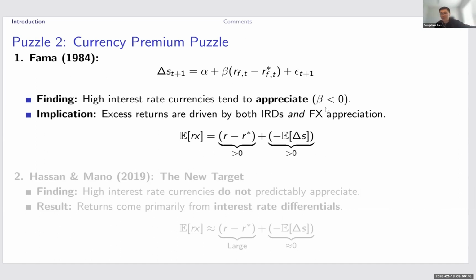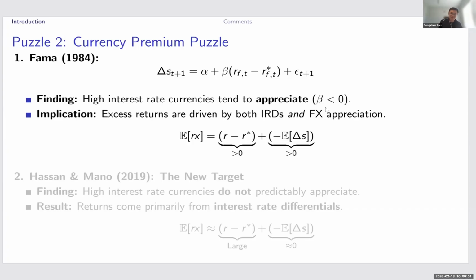If I have a high interest rate, currency depreciation will wipe out the gains from interest rate differences. But what he finds is that high interest rate currencies tend to appreciate.